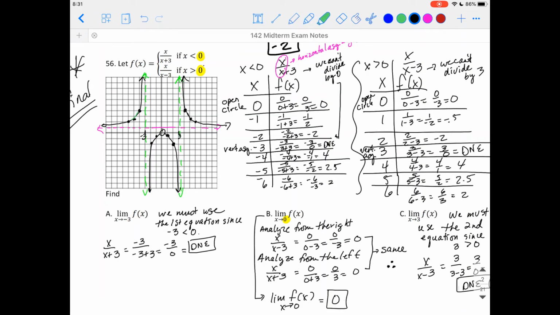So I'm going to put myself on the left part of that graph that's closest to 3 and see where the graph is headed. Well, that's where it's headed. And coming from the right, the right part of the graph that is closest to 3 is right here. And again, they're headed in different directions. So that's why this answer does not exist.